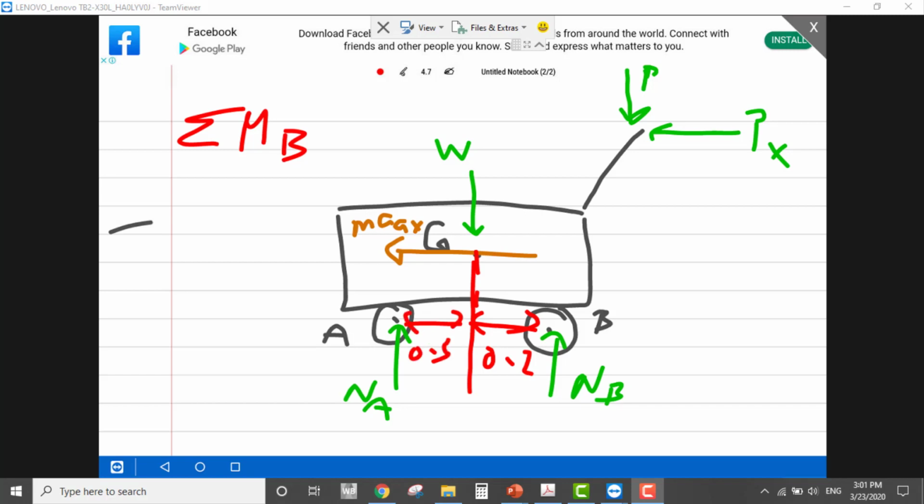The vertical distance is 0.2. And this distance 0.4.